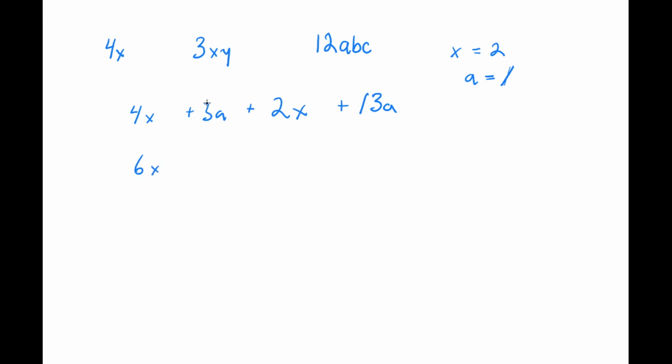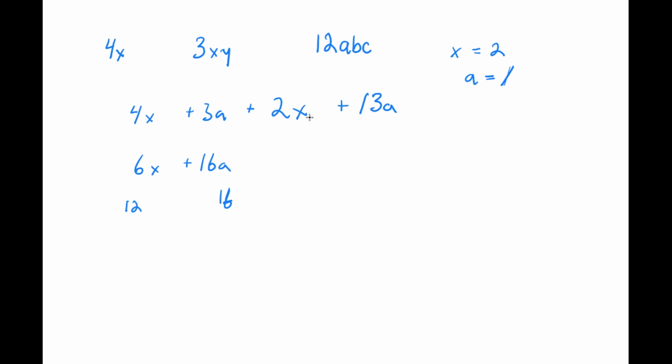And if we added the 3a and the 13a together, we would have 16a, right? All right, so that would give us a value. 6x would actually be 6 times 2, so it'd be 12. And 16 times 1 is 16. That's our final product of these.